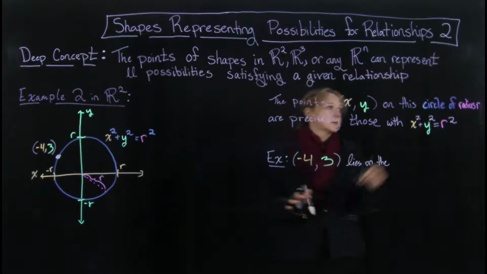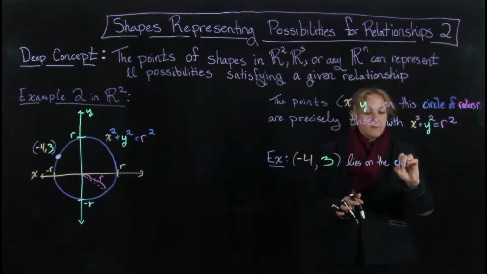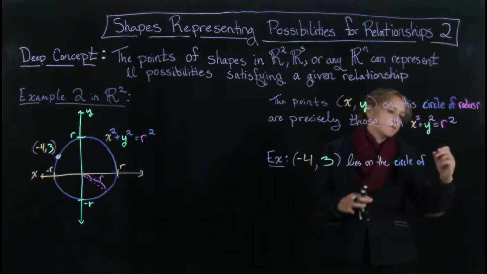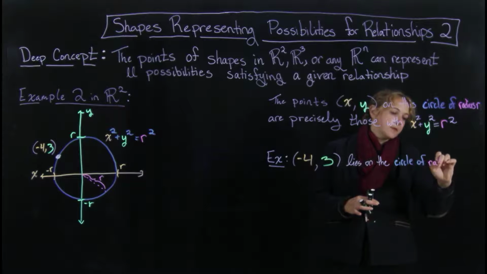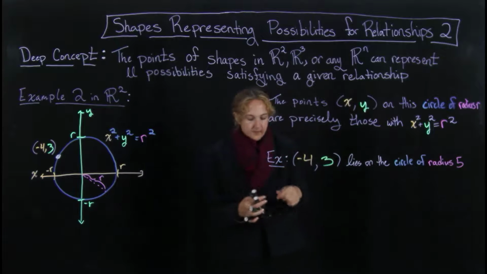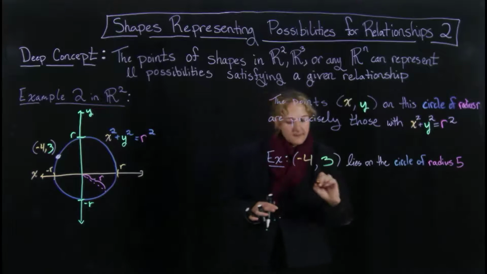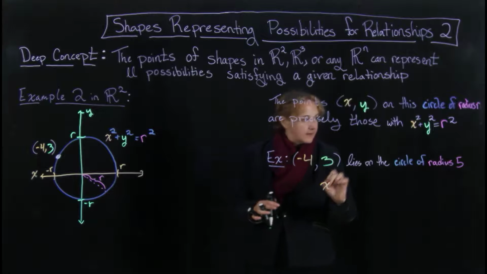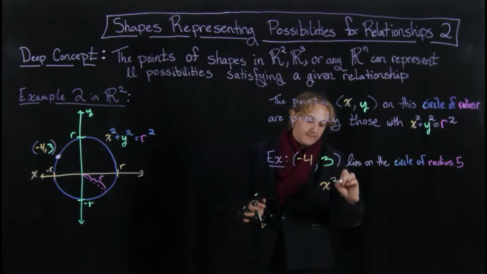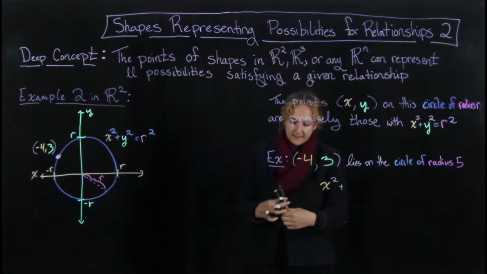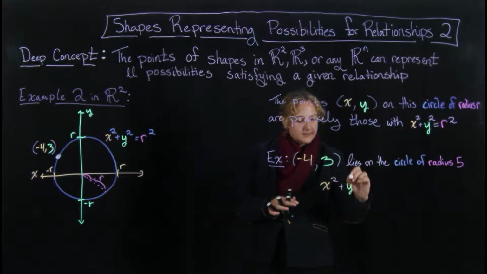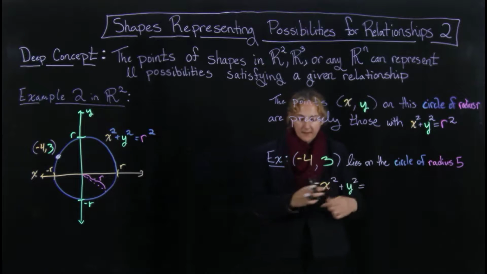So now it's a circle of radius 5. That's going to look like x squared plus y squared has to equal 5 squared.